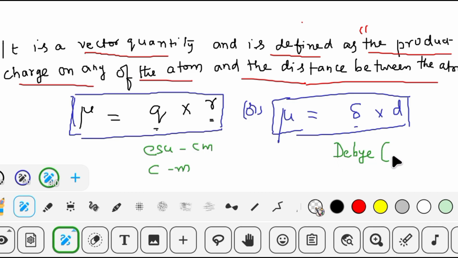One debye is also expressed in ESU centimeters, that is 10 power minus 18 ESU centimeters. If they ask for one debye in coulomb meter, it will be around 3.336 into 10 power minus 30 coulomb meters. You can give this as the answer.